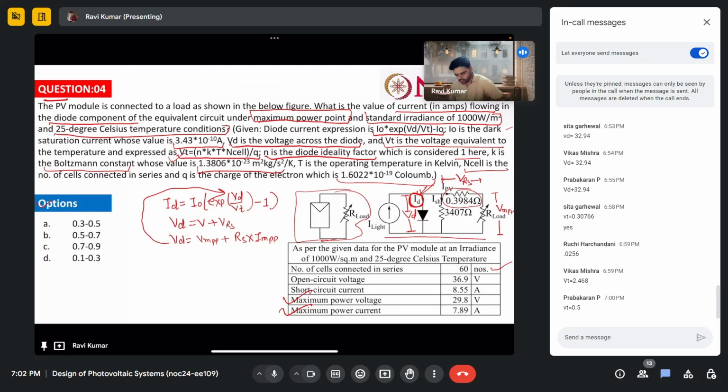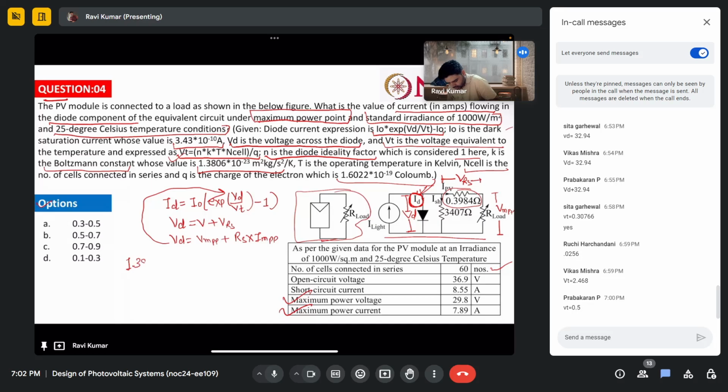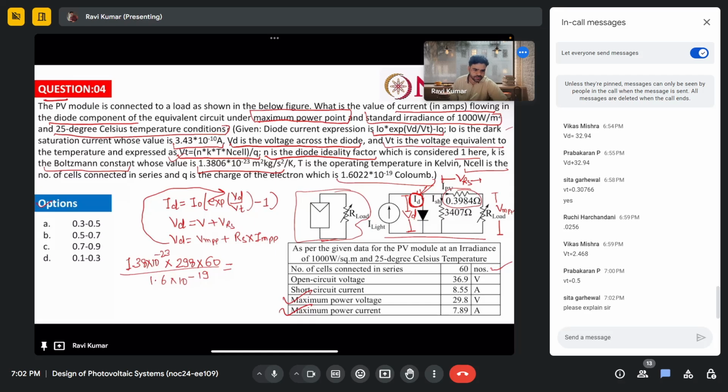What is the issue? Like 1.38 into 10 to the minus 23 into 298 into 60 divided by 1.6 into 10 to the minus 19. Just do this.